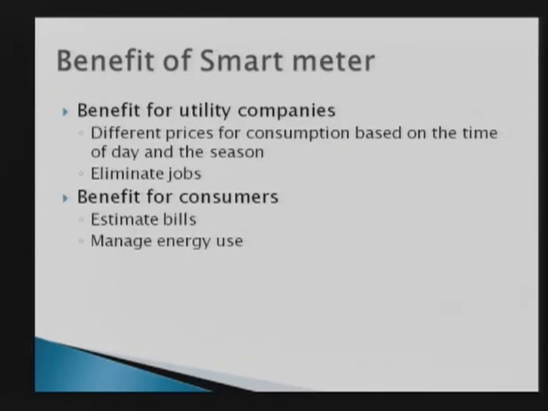Basically, when the electricity usage is high, they set the price to be high, so customers will not be willing to use electricity at that time. And when the electricity load is low, the price may be lower, so more people will try to use their appliances at that time.